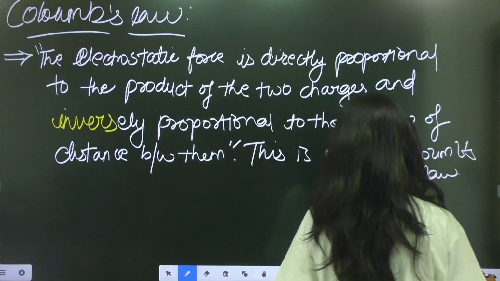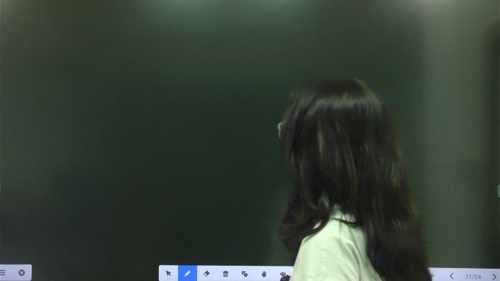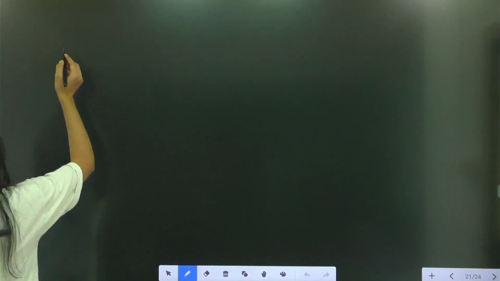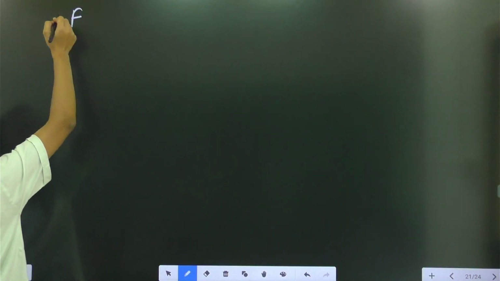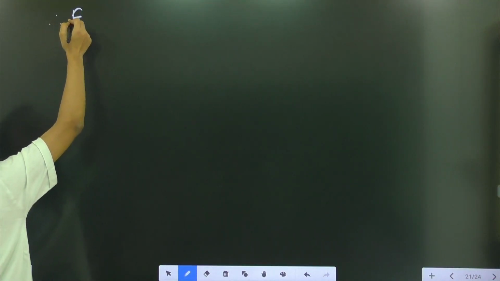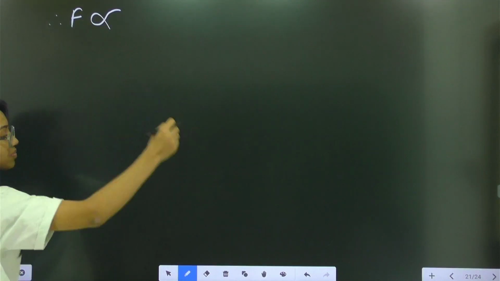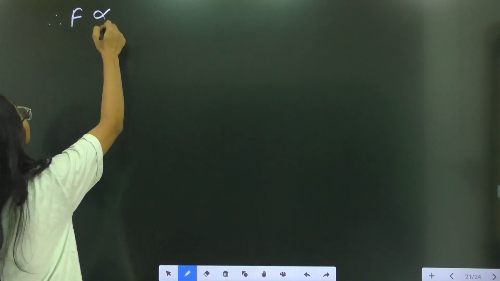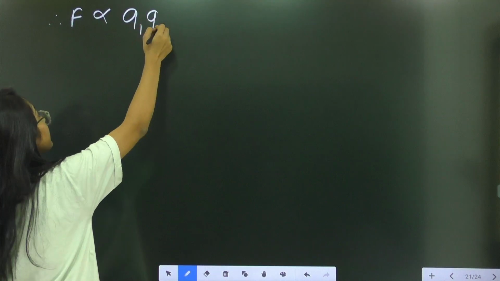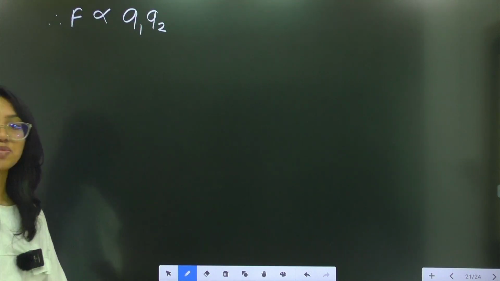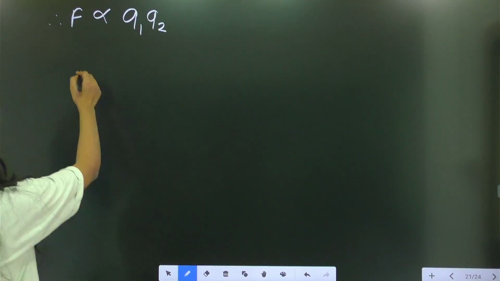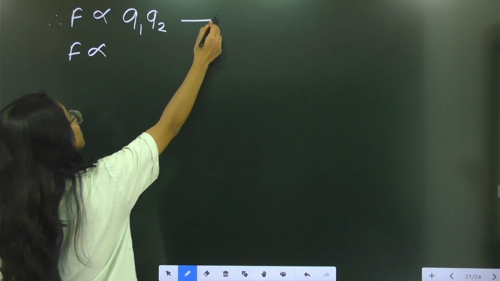Now we are going to write it in mathematical formulation. F is proportional to the product of the charges. Let's say charge 1 is Q1 and charge 2 is Q2. So F is proportional to Q1 Q2, this is equation 1.